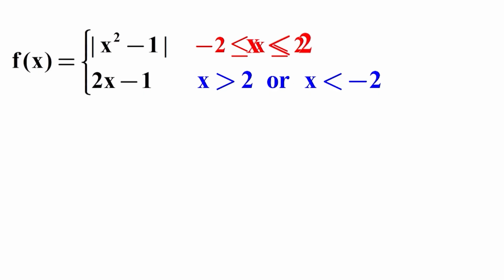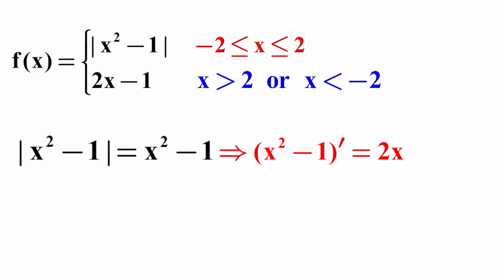Let's check the derivatives. For the left, means x is less than 2. When we plug in 2 for x squared minus 1, x squared minus 1 is positive. So the absolute value of x squared minus 1 equals x squared minus 1. So the derivative of x squared minus 1 is 2x. And if we plug in 2 for x, we have 4.